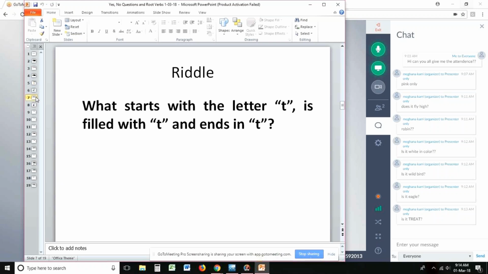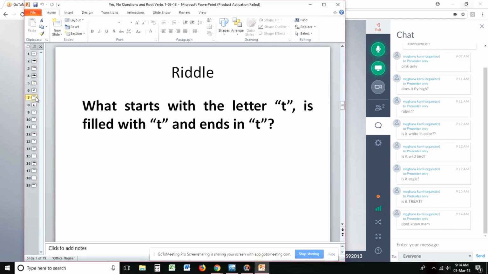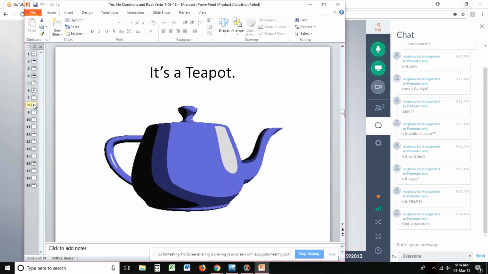It is filled with T. Okay, no problem. So the answer is, it is a teapot. All right. So it starts with a T, ends with a T, and it is filled with T. The T is TEA.